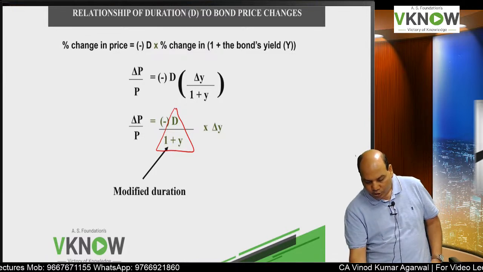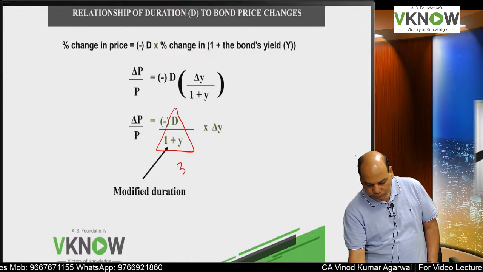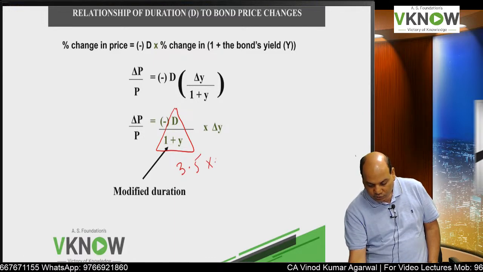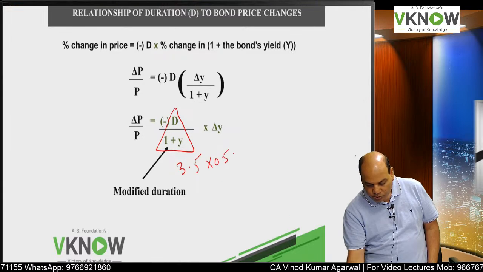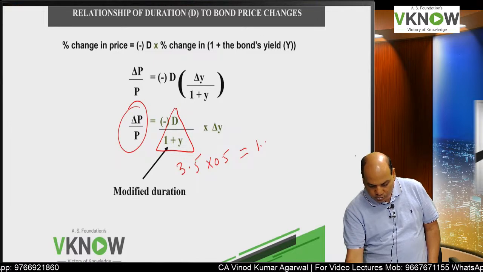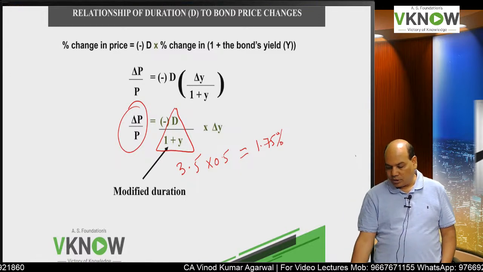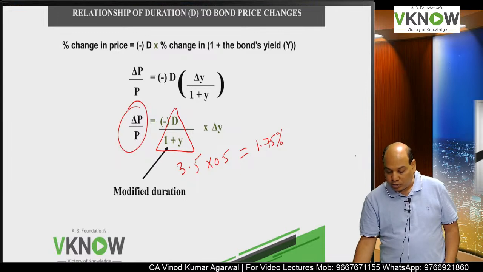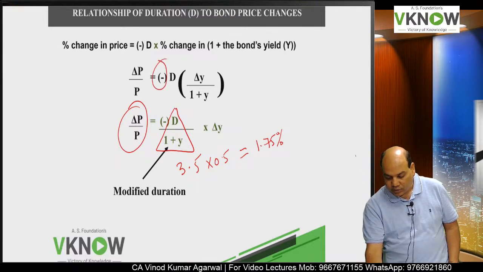For example, if modified duration is 3.5 and change in yield is 0.5, the price of the bond will change by 1.75%. Now, what is the purpose of this minus sign?